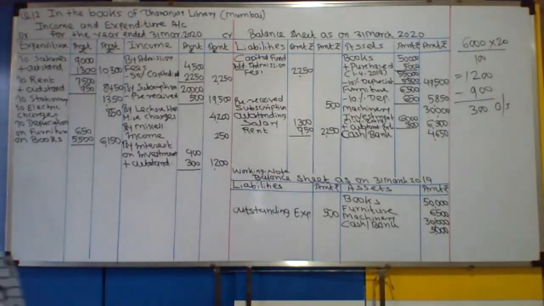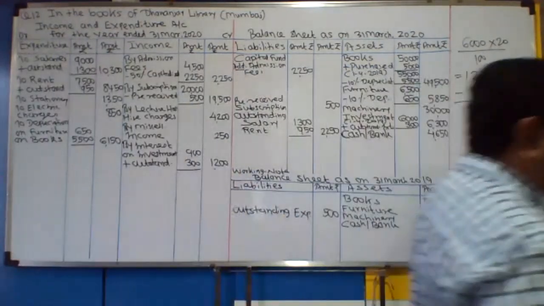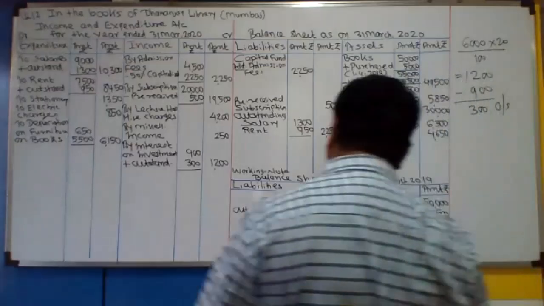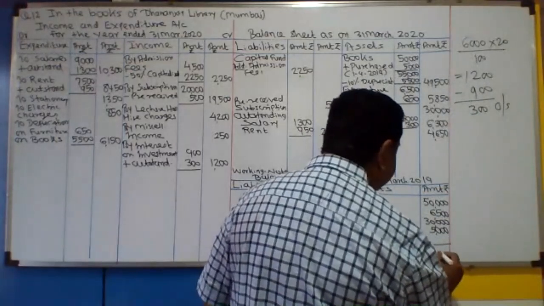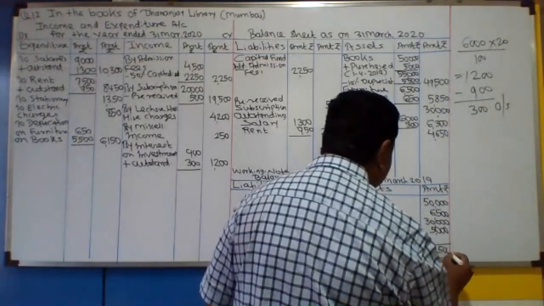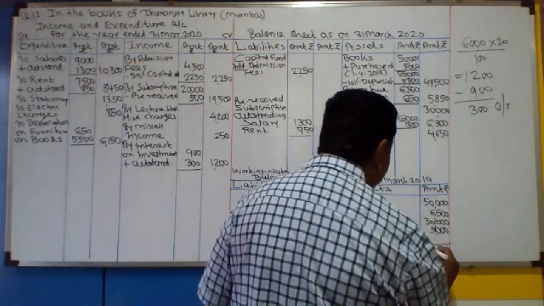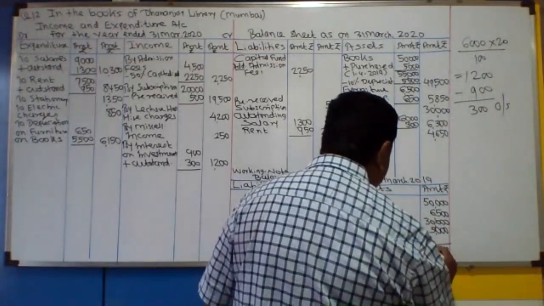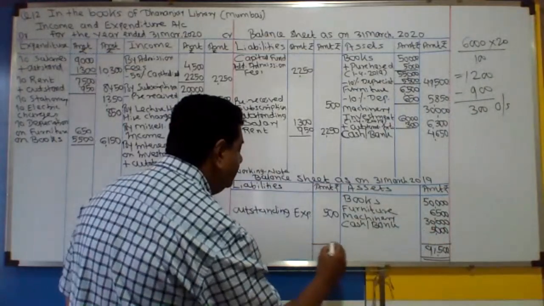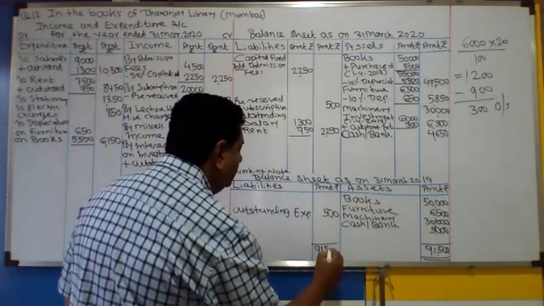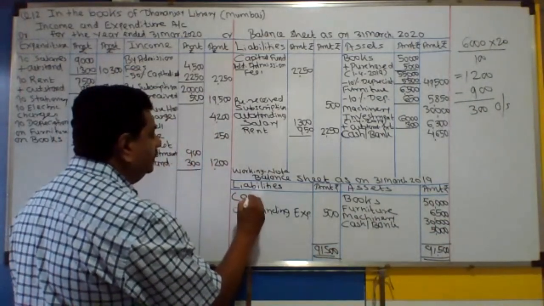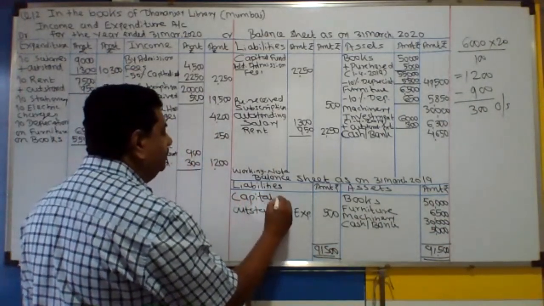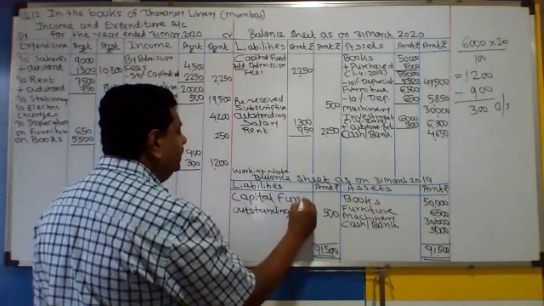Now the question is how to close this. First of all, you need to close the last year balance sheet. You have to close this first. It is $91,500. It is like a single entry. Do you remember? Assets minus liabilities is equal to capital.